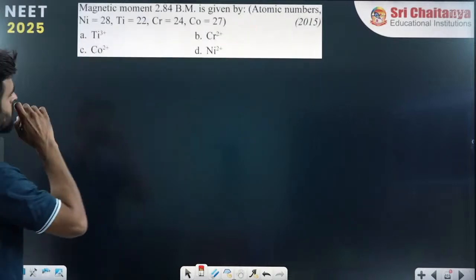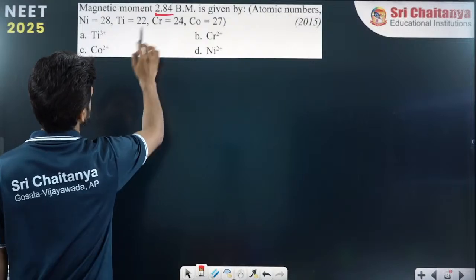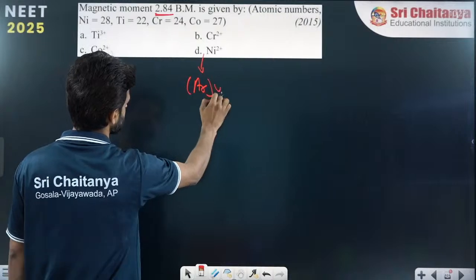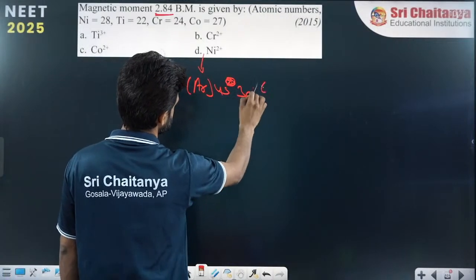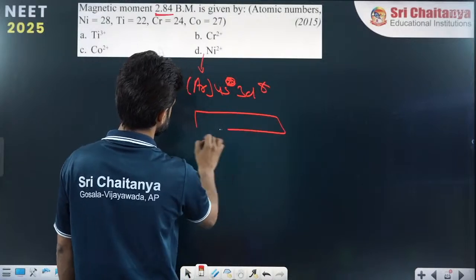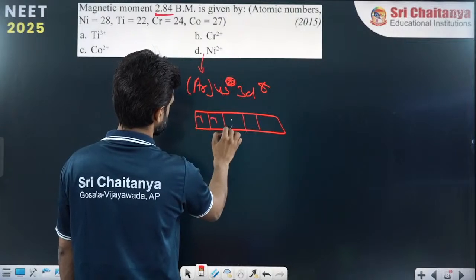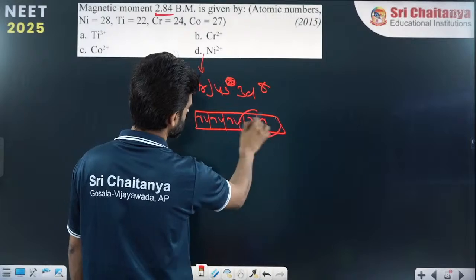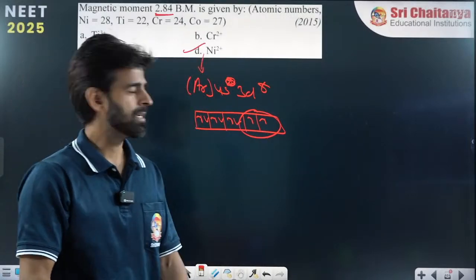The magnetic moment they are asking, 2.84, means it should have 2 unpaired electrons. Fine. If you look at nickel +2, argon 4s 0 and 3d 8. If you fill the d8 here, you will see 1, 2, 3, 4, 5, 6, 7, 8. 2 unpaired electrons means magnetic moment will be around 2.8 or 2.9 something.